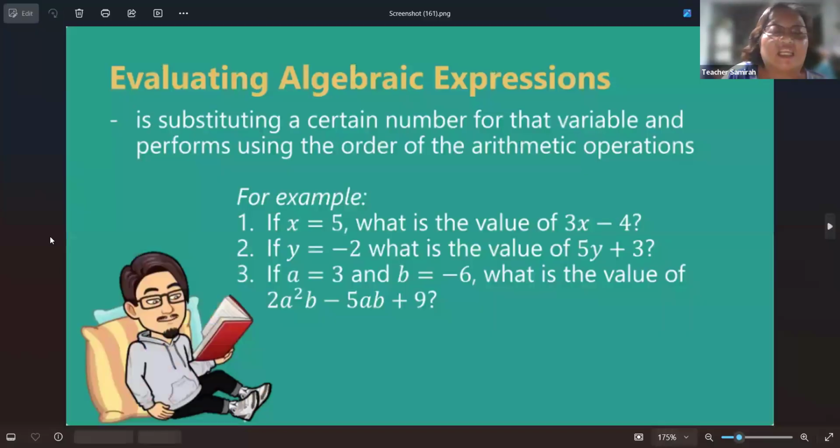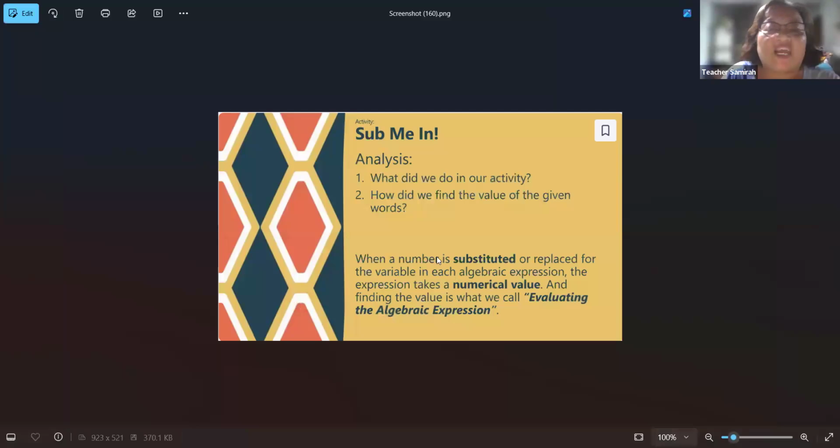Look at this. When a number is substituted or replaced for the variable in an algebraic expression, the expression takes a numerical value. Finding the value is what we call evaluating the algebraic expression.